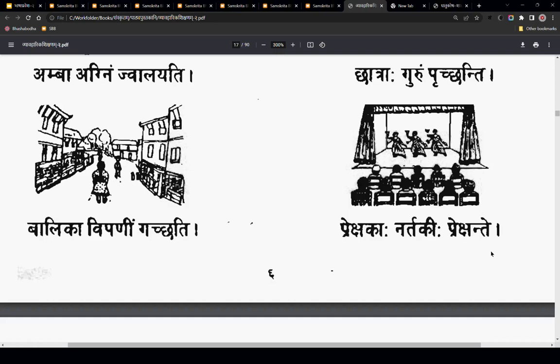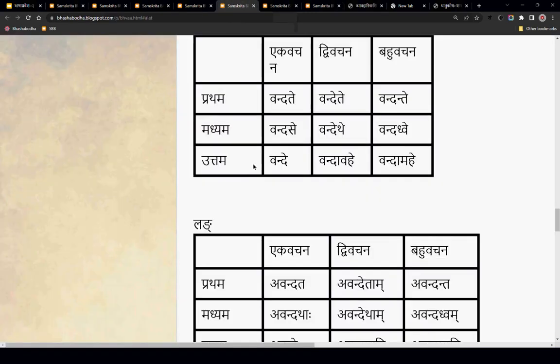And Prekshante, here we know it is Lat lakara because of the use. And because it's ending in Te, it falls in the category of Atmanepada. In the Prathama Purusha Ekavachana, what would be the form? This Prekshante is like Vande.